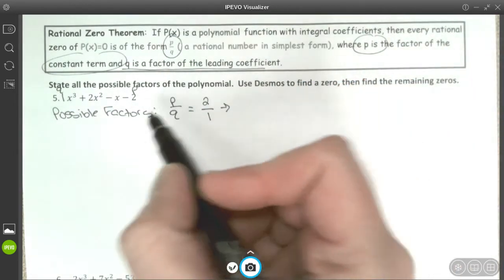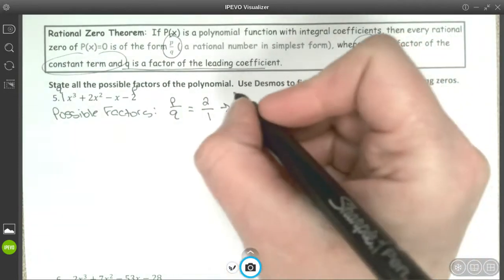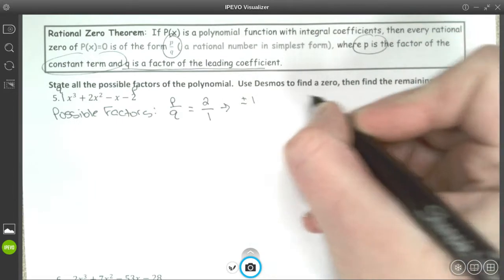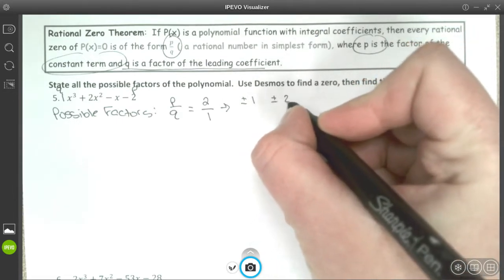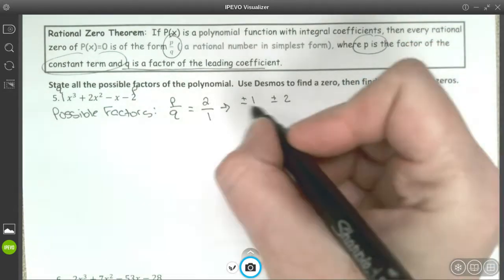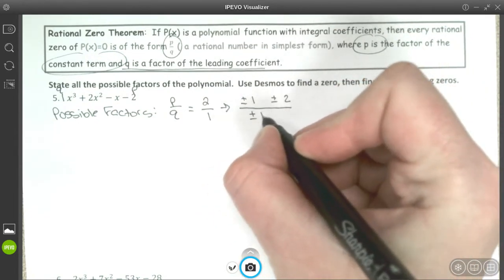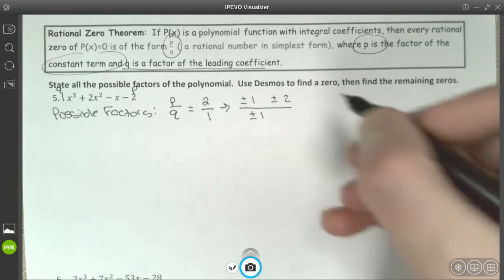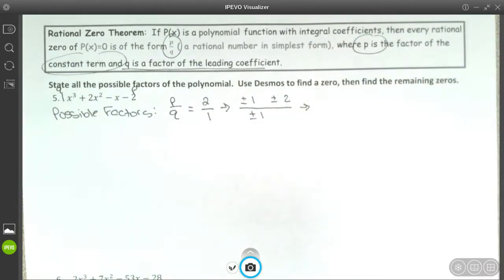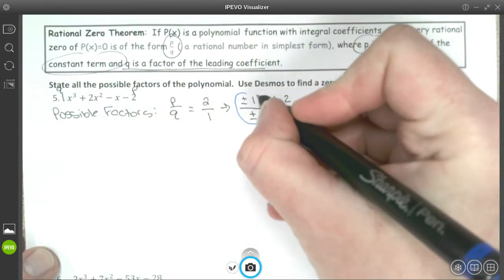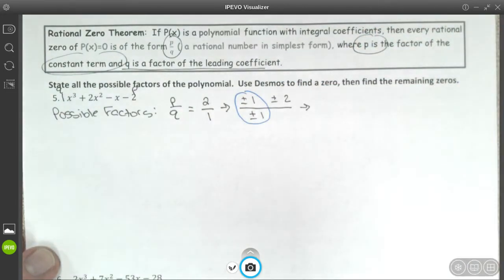We're going to write all the factors of 2 in the numerator. So plus and minus 1 and plus and minus 2. These are the factors, and the coefficients of 1 are just 1. Then you pair every term in the numerator with every term in the denominator.